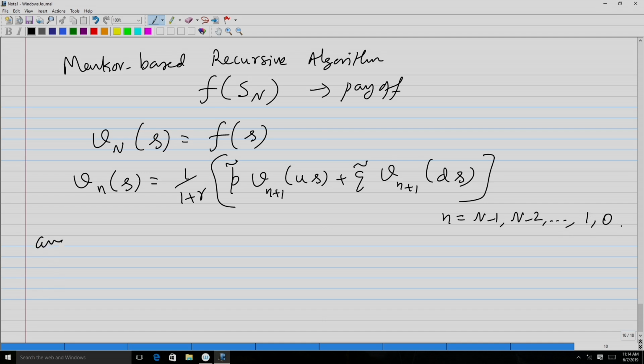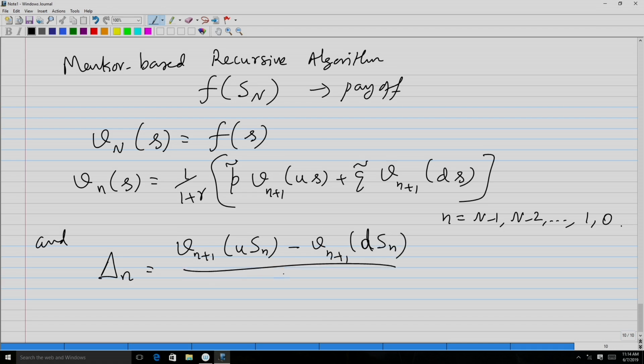Accordingly, you can also write the delta hedging strategy in this particular case as V at n plus 1 of u S n minus V at n plus 1 of d S n, divided by u minus d times S n. So, this is the corresponding delta hedging strategy.